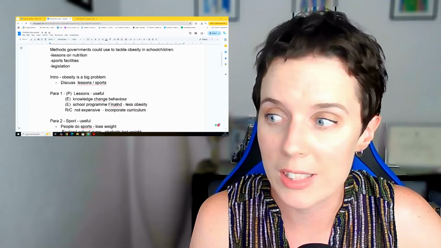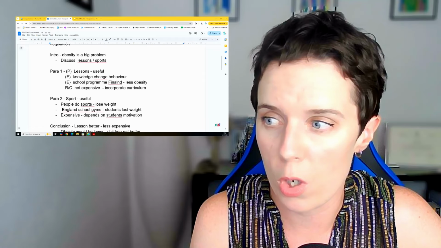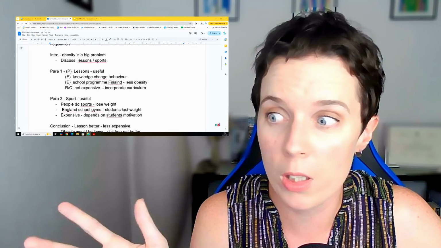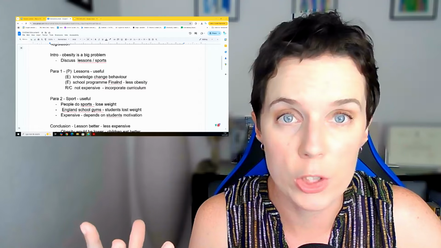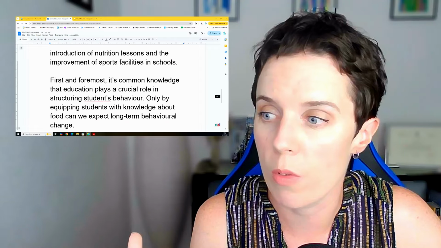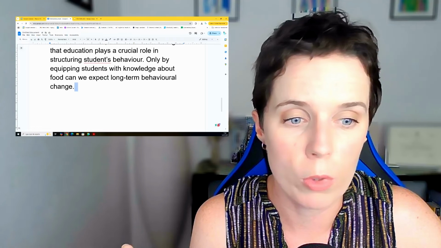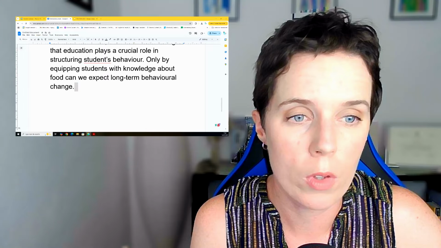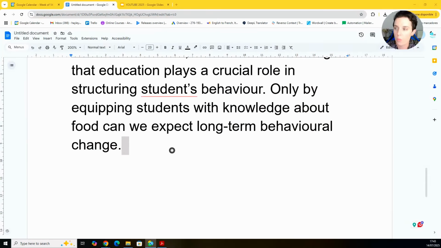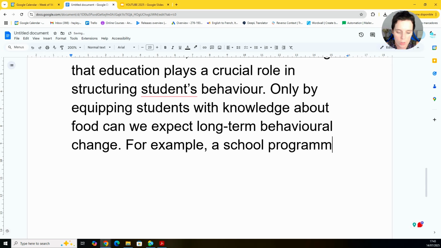Now I need an example. My example was a school program in Finland, and it found that there was less obesity. Okay, so I need to add that in, which I'm going to add here. So we could say, for example. So again, make sure you're using those linking words. Okay, it really helps with your flow. A school program in Finland.